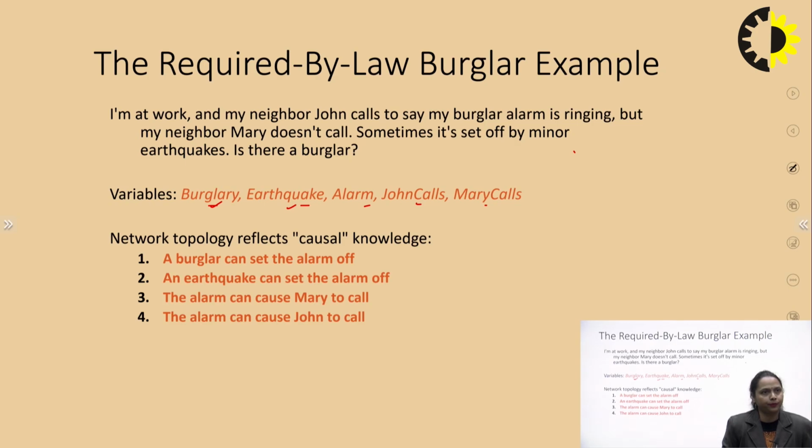So, the network topology reflects that a burglar can set the alarm off, an earthquake can set the alarm off, the alarm can cause Mary to call, and the alarm can cause John to call. These are the questions to be answered.